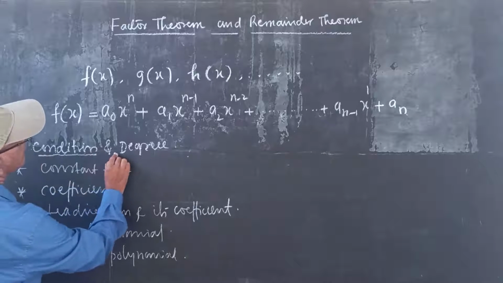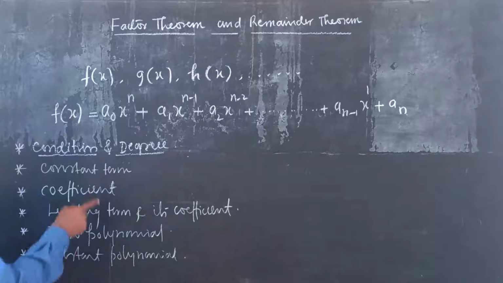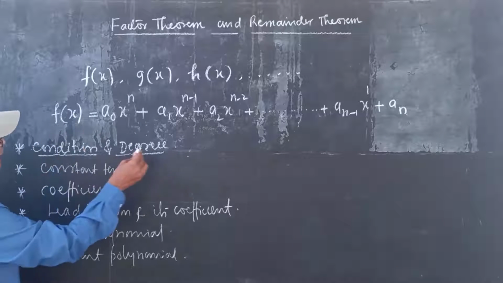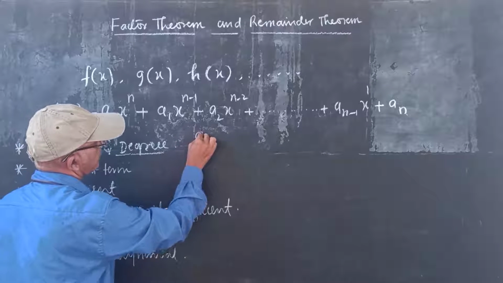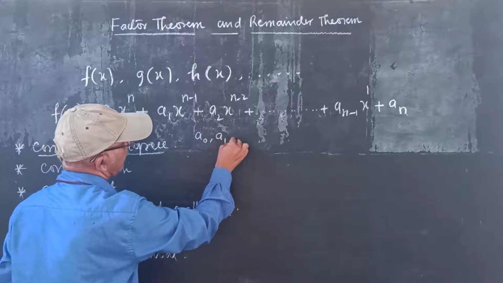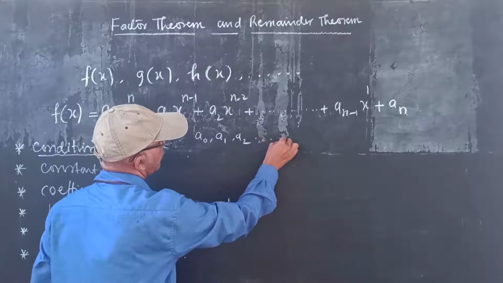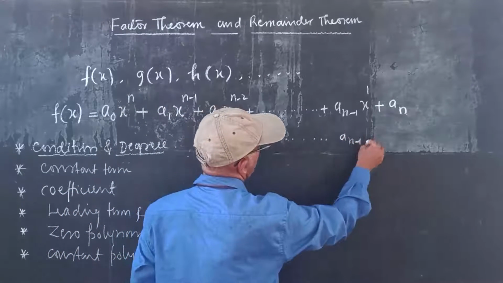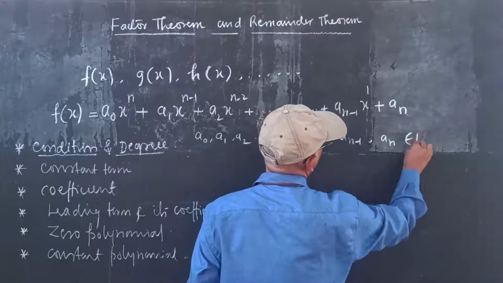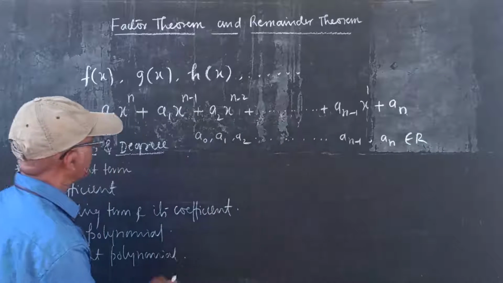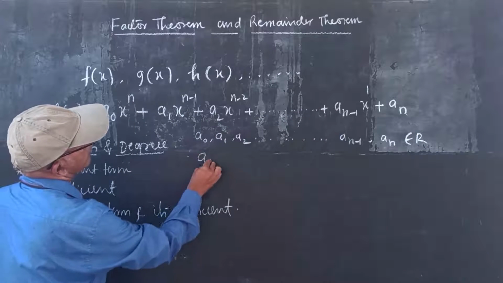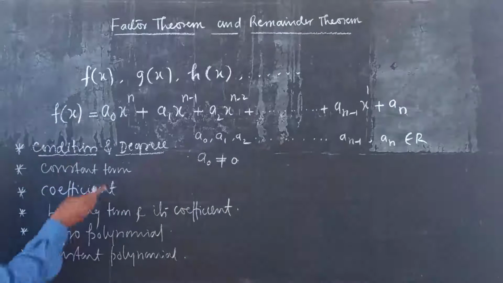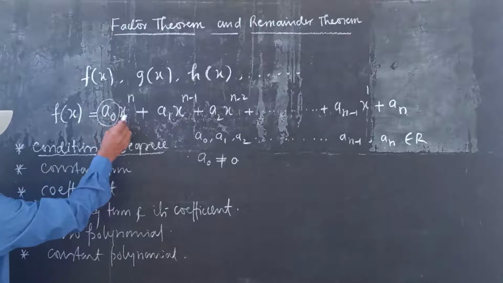Condition and degree. All of you know this is a polynomial. Here we have already discussed a0, a1, a2, an minus 1, an belongs to real numbers. The condition is, so a0 should not be equal to 0. This a0 should not be 0.